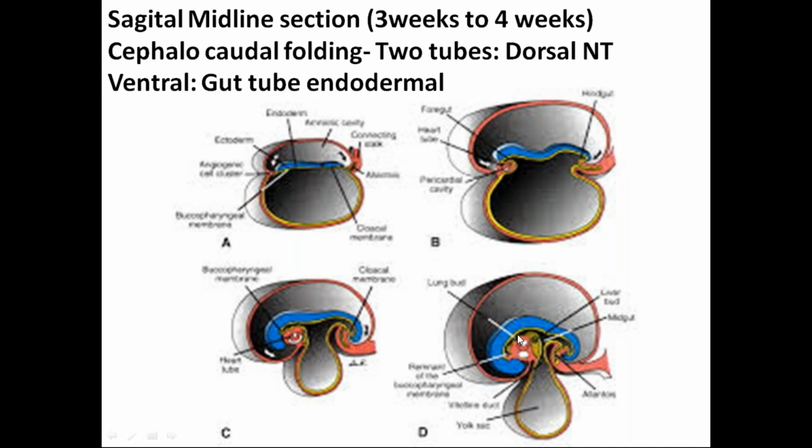If we look at this picture, it has almost come below the neural tube, and a prominent part of this remains outside. We call it the yolk sac, right? And with this you can see a bit of the allantois also.